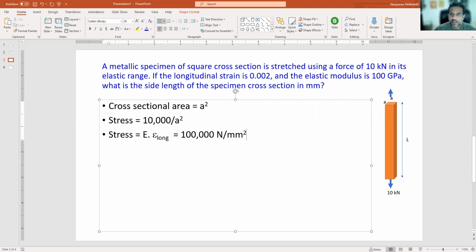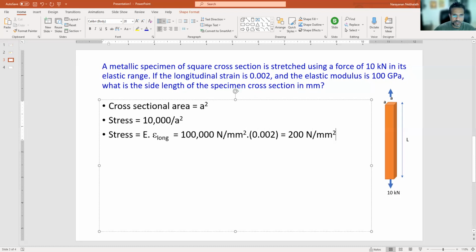So 100 gigapascal is 100,000 Newton per millimeter square times, what's your strain? 0.002, correct? So you will find that your stress is equal to 200 megapascals or 200 Newton per millimeter square.